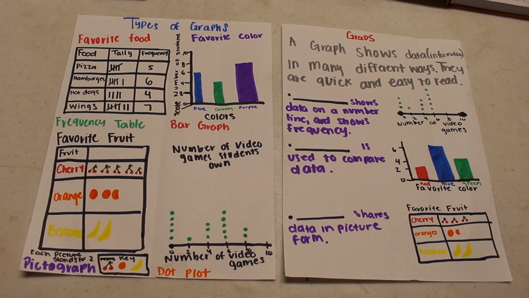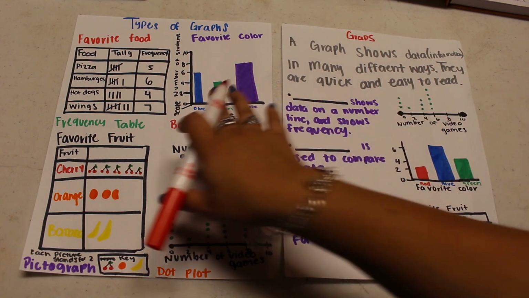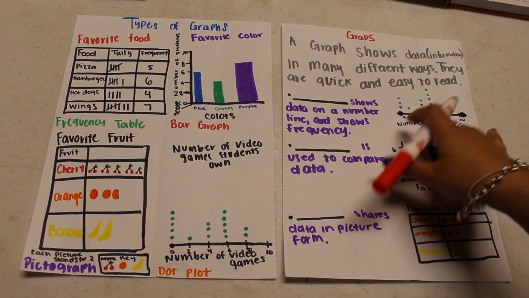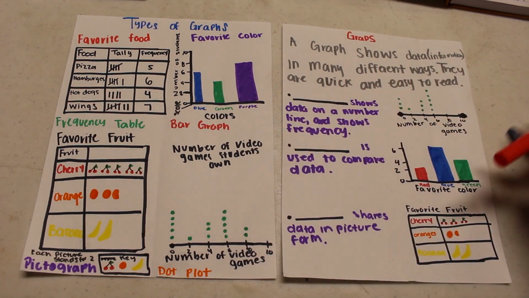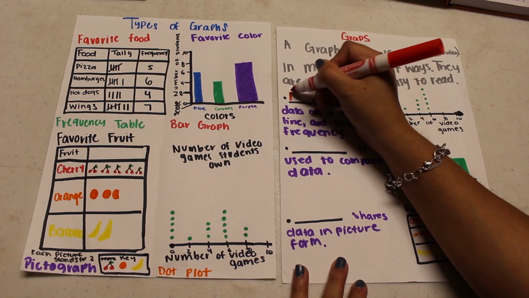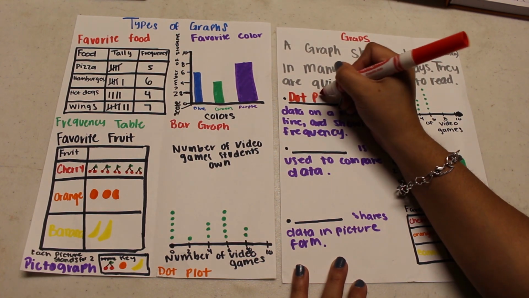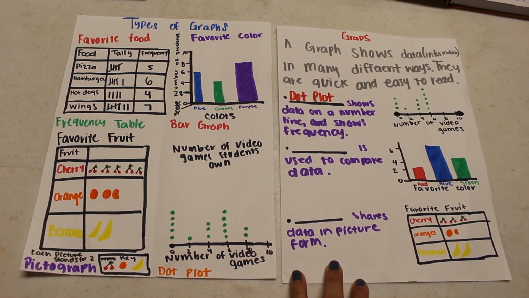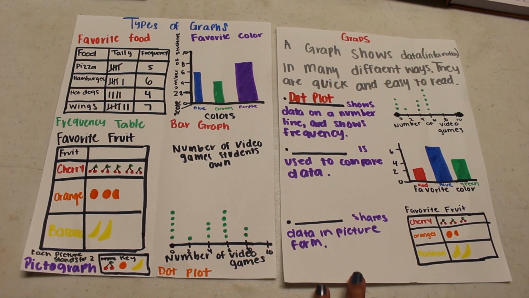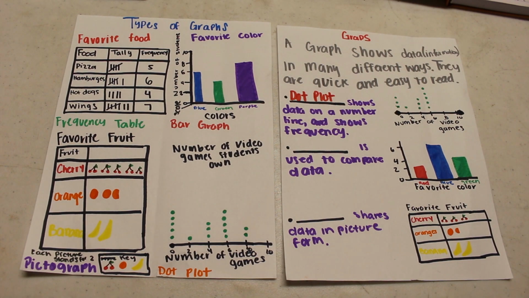So we would go, bar graph shows data on a number line. From what we see, it is not a bar graph. We try to compare which one fits best. And right here we see that dot plot fits. Dot plot shows data on a number line and shows frequency.